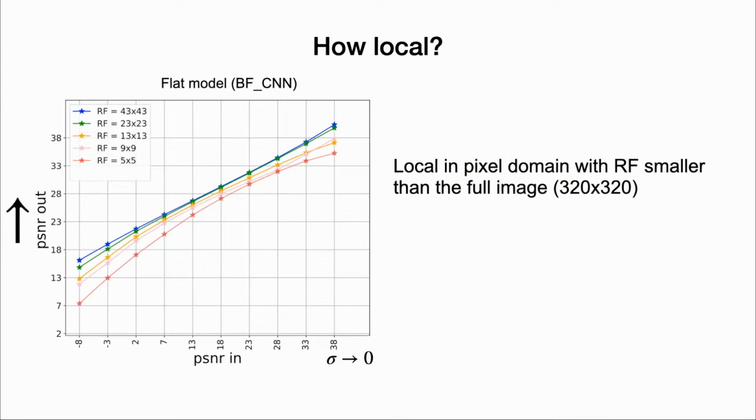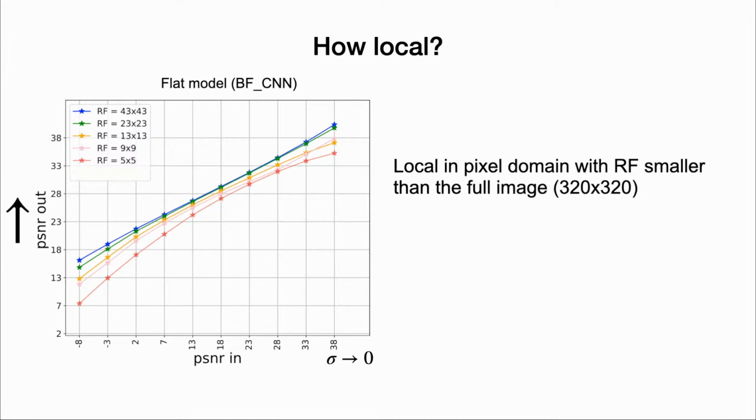All right, so now we need to look at this and see how it works. Does it actually work? By that, I mean how local can you make these receptive fields? How small can you make these models? First, for comparison, we look at a model that is local in the pixel domain, the one that I showed you in the beginning that failed to generate an image. This is a performance plot for denoising.